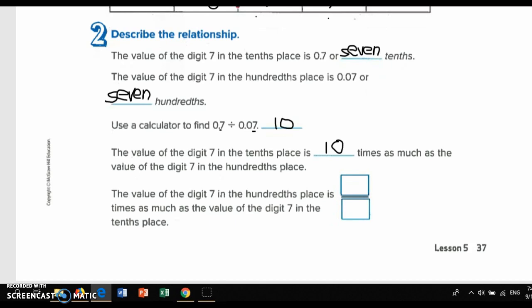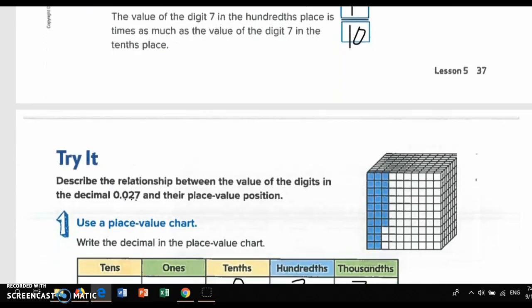Now the value of the 7 in the hundredths place is 1/10. It is 1/10 the value of the 7 in the tenths place. So that is how we write it, 1/10. Let's move on.